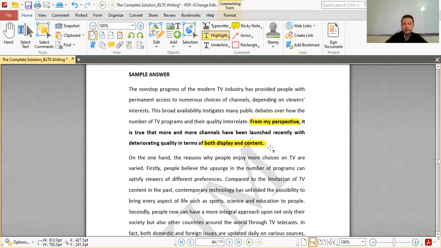Because I explain why: because of bad quality. Bad quality means the qualities which deteriorate the quality of the TV channel. So it is a good idea to give your own position plus your two topics, guys.